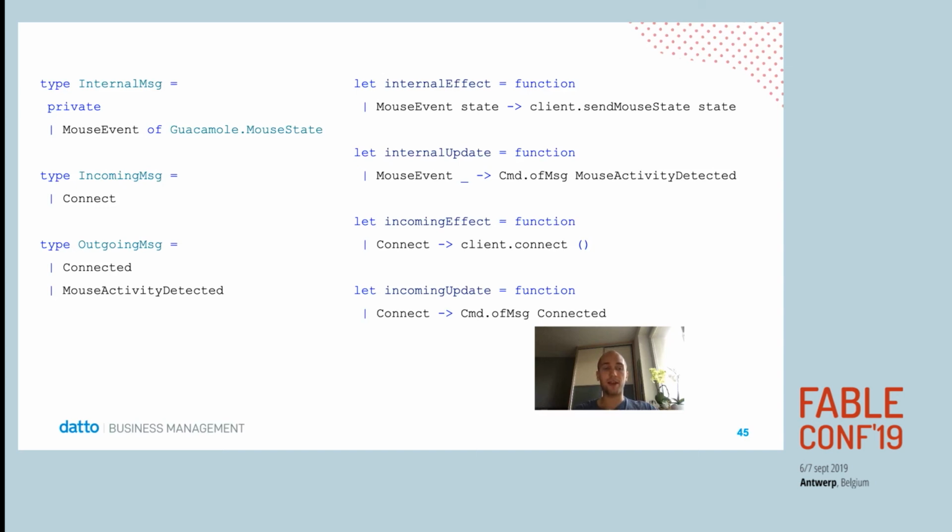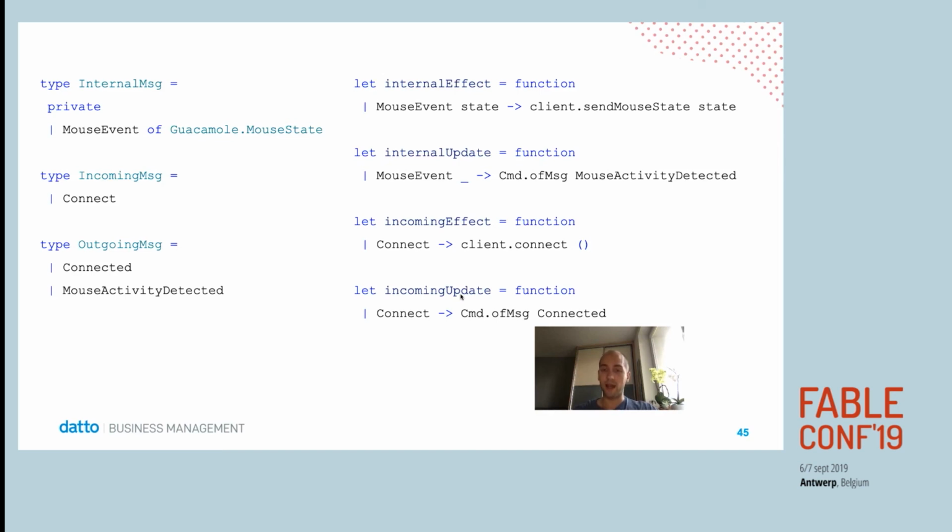And then for the incoming message, this union keeps track of messages that are coming to our component, and we should handle them somehow. In that case, I'll also have 2 corresponding functions. One for side effect, for connect, that will be basically client.connect, and one for incoming update.